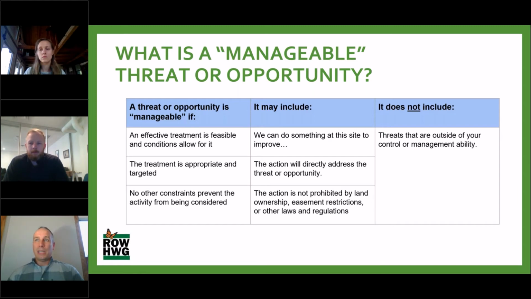There could be funding or program constraints that don't allow you to use certain tools. Or it could be bigger than that. It could be larger offsite influences, watershed influences, climate change impacts, things like that that are really outside of your control. So really focusing on what you can control at a site to, again, address threats or improve opportunities.